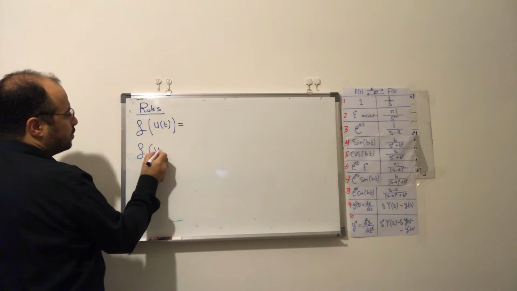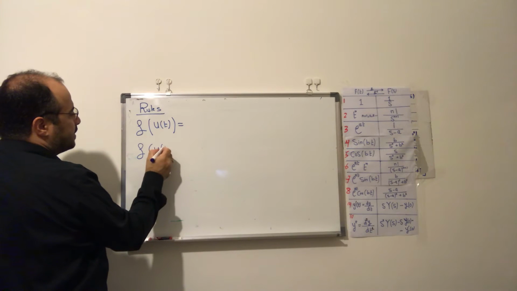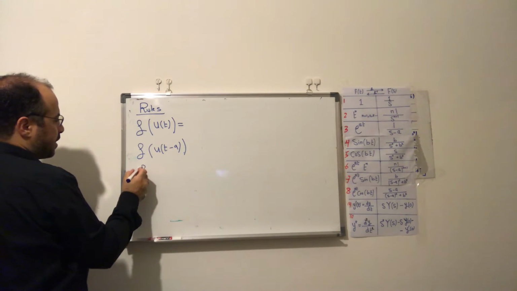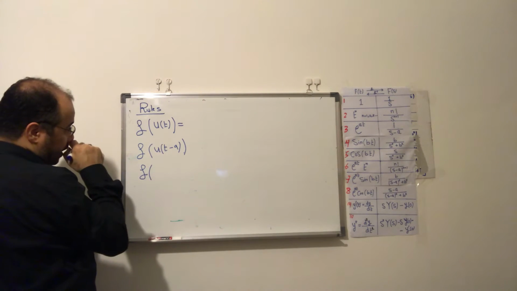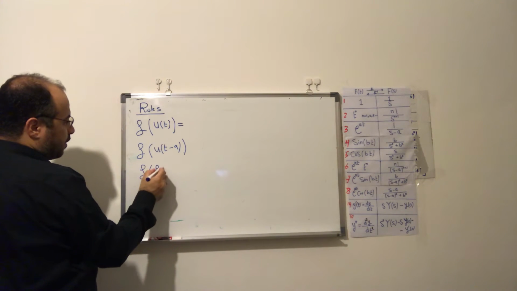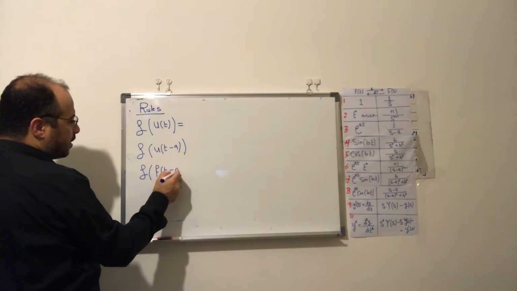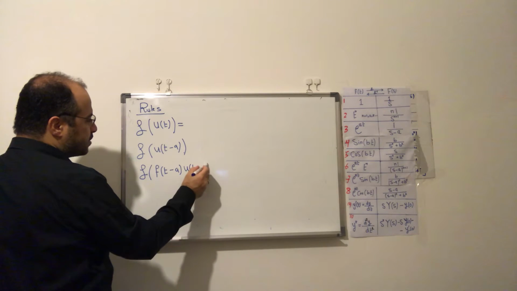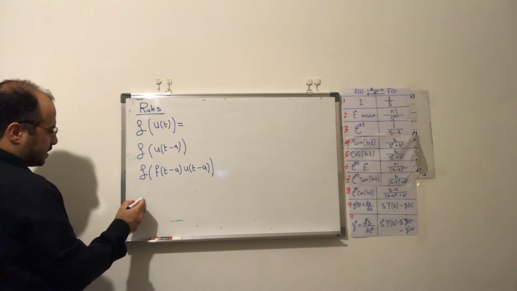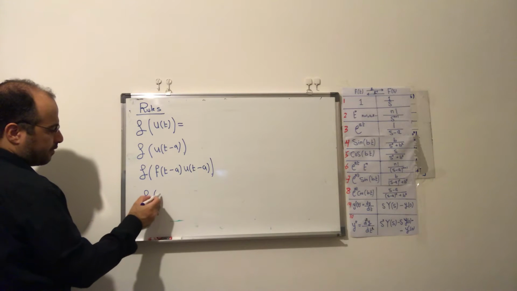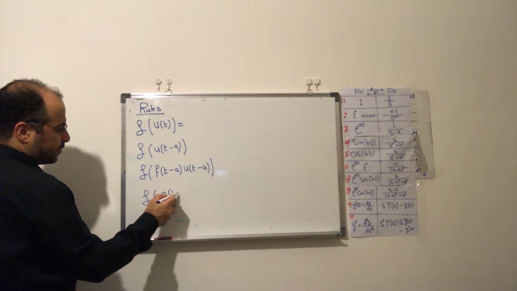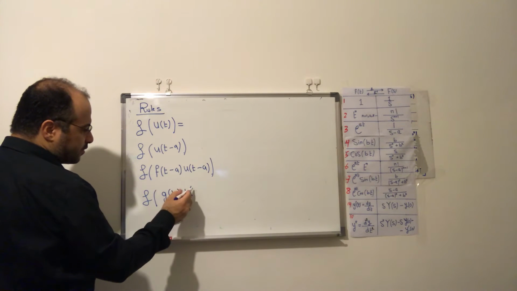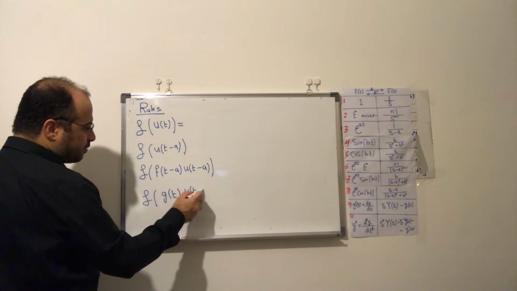So what about u of t minus a? And what is the Laplace transform of something like this? f of t minus a times the Heaviside function with the same transition, yeah? And what is the Laplace transform of g of t times the Heaviside function with a transition, u of t minus a, yeah?